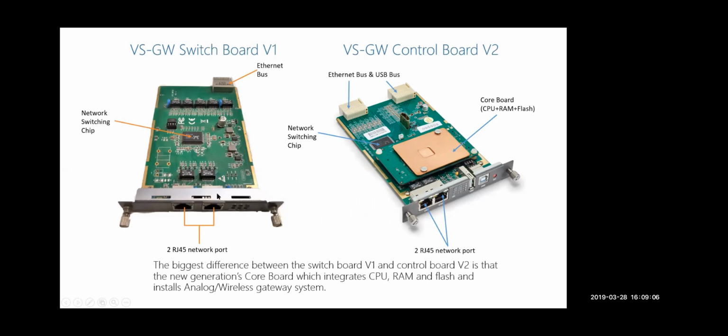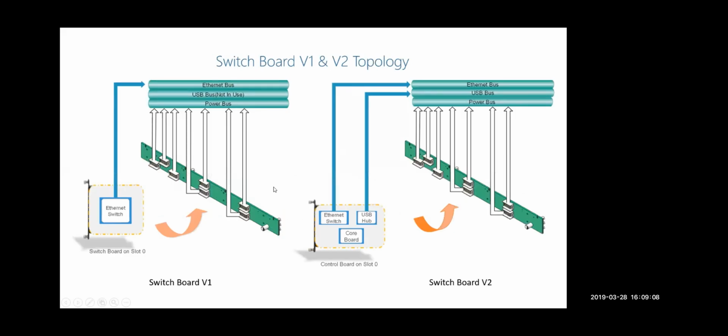Let me show you the topology graph of these two version switchboards. We can see that Generation 1 only uses Ethernet bus for communication. In contrast, the control board V2 has a core board for processing operation and a USB hub for communication compared with switchboard V1.